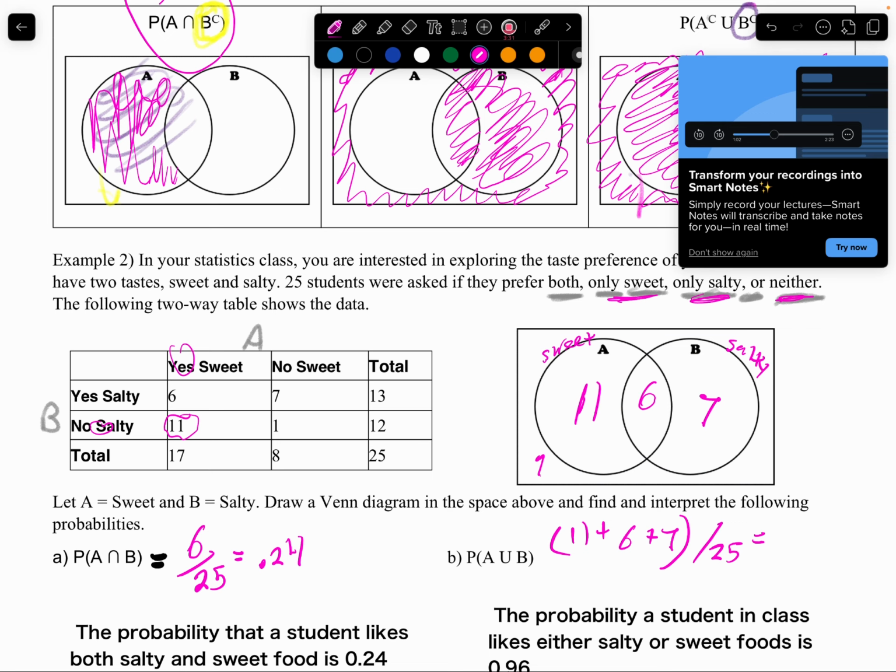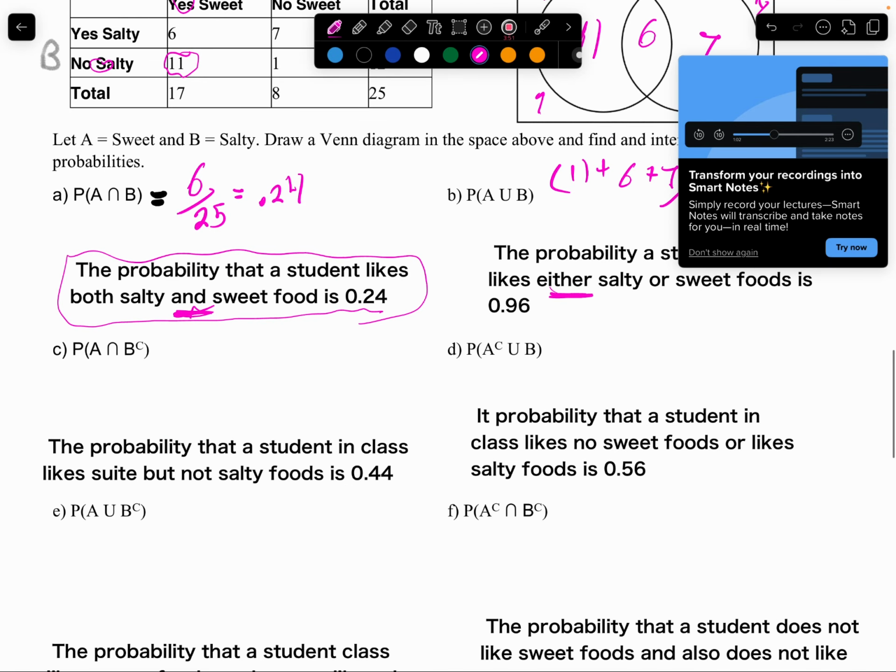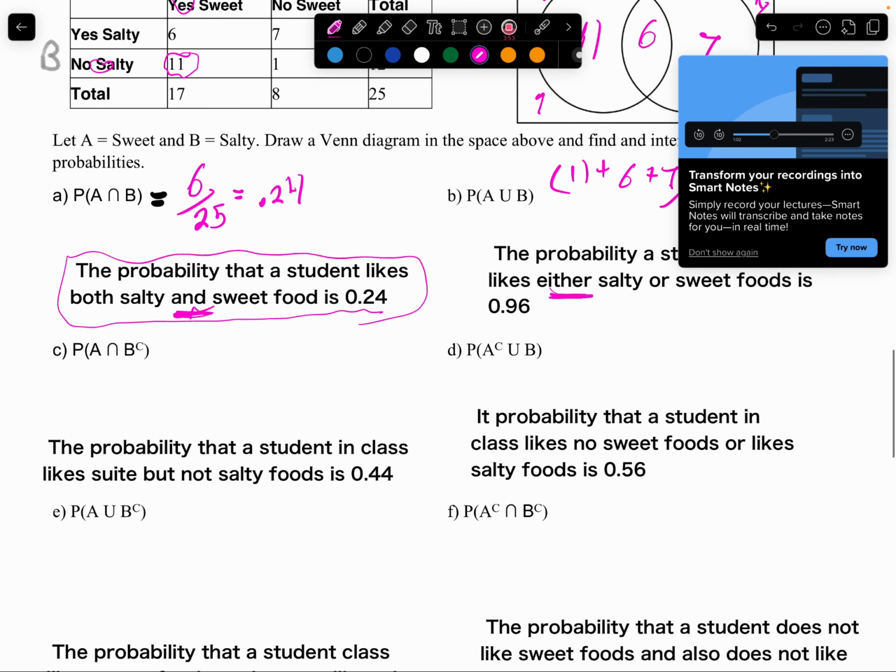You should get 0.96, okay? And you should write these out, because on the test I would hope that you could write these out. This is the probability that a student likes both salty and sweet food. This is the probability a student likes either salty or sweet foods, 0.96, okay? The intersection of both we have.